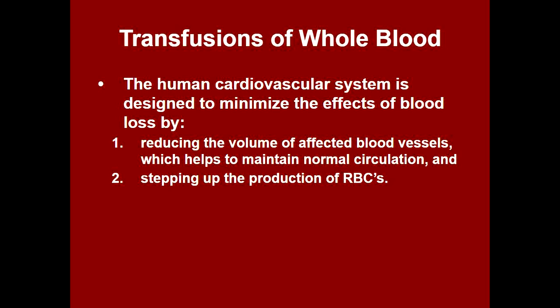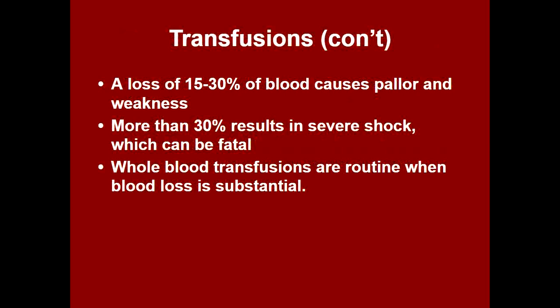So our body has things that it does to try to minimize the effects of blood loss. Like, for instance, the areas that are damaged, we try to reduce the blood flow there by going through coagulation and things like that. But on top of it, we will also step up the production of red blood cells. Unfortunately, some people bleed too much and those mechanisms don't work.